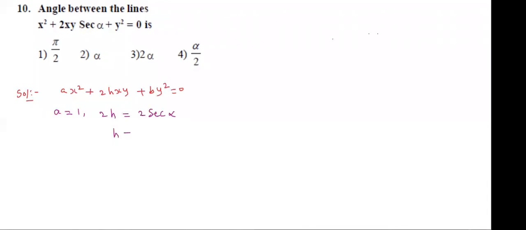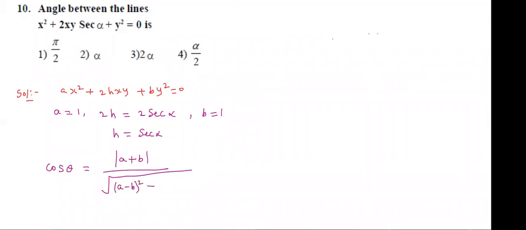The h value? Secant alpha. Then what about b, students? 1. Here we need to find the angle between them. What is the formula? Cos theta is equal to modulus of a plus b by under root of a minus b whole square plus 4h square. This is the formula.